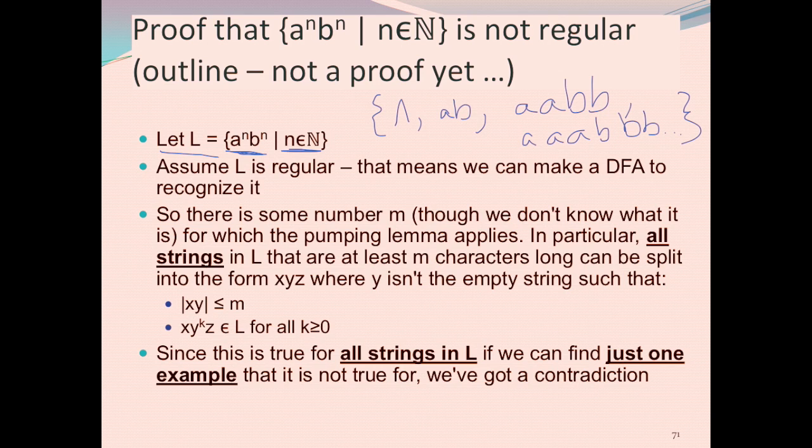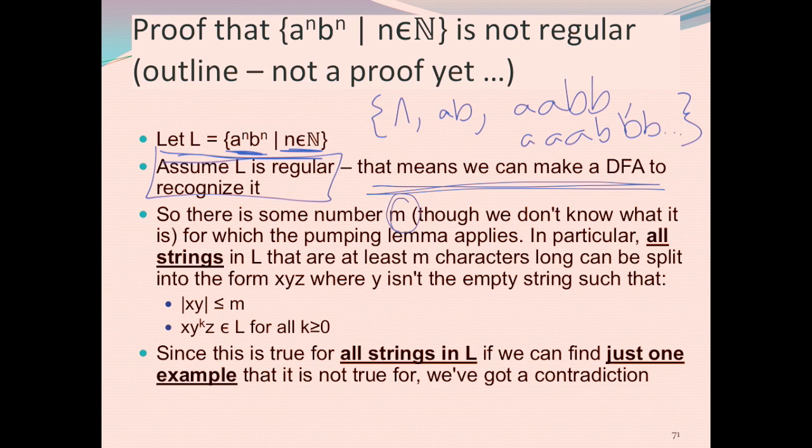So let's let L equal this language, and now we're going to make the key assumption that's going to help us with our proof by contradiction. We're going to assume L is regular. So if L is regular, then we can make a DFA to recognize it.